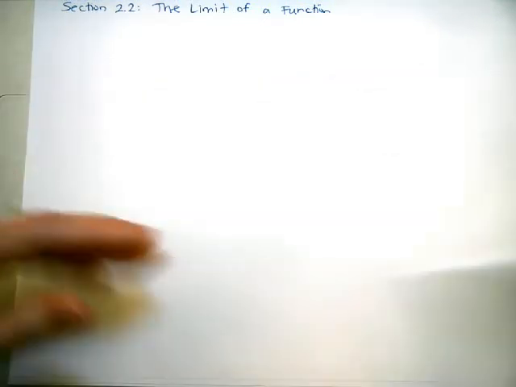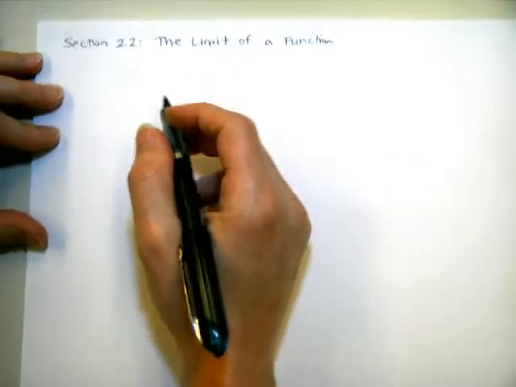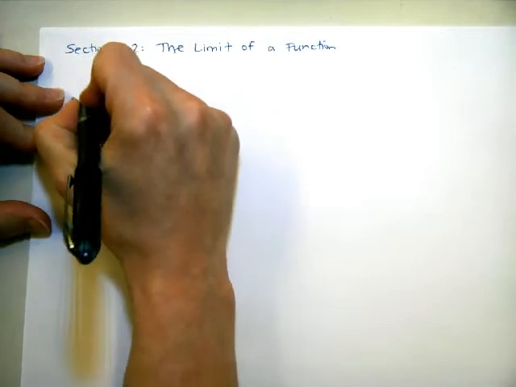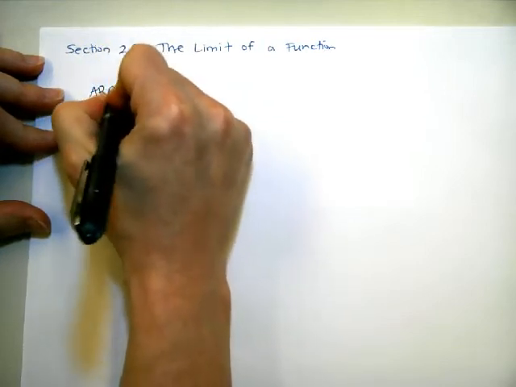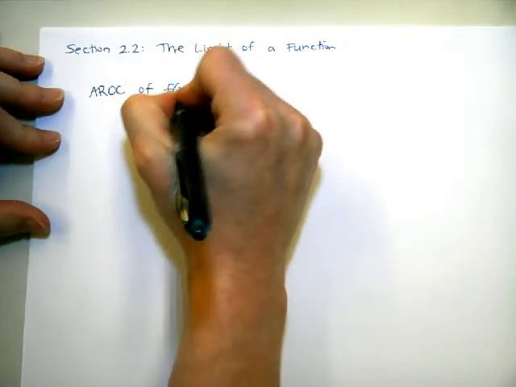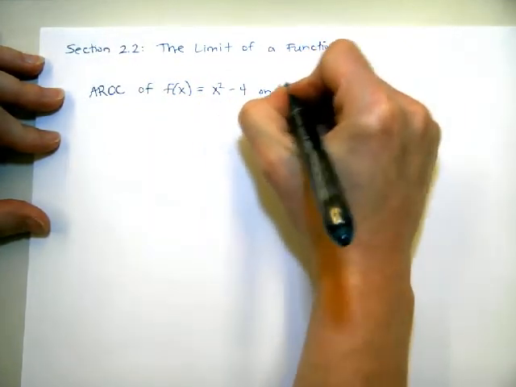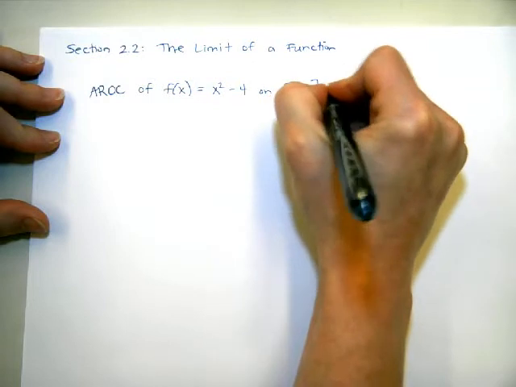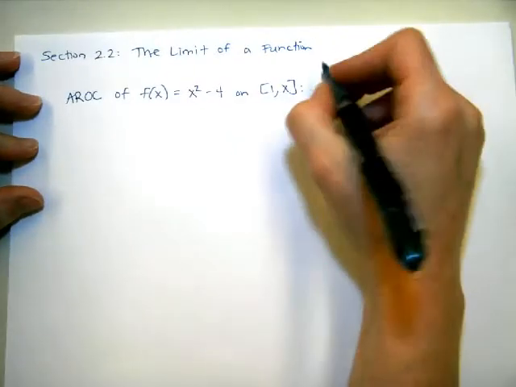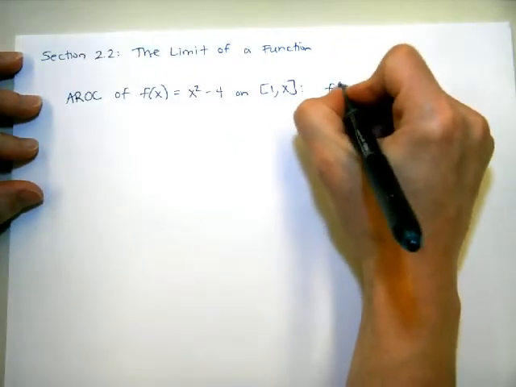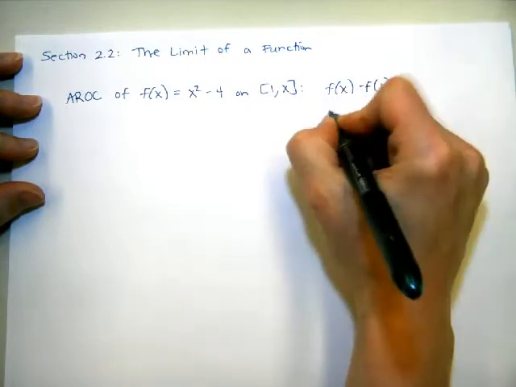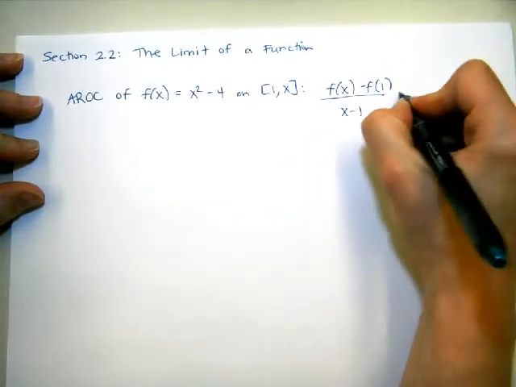Okay, so the idea here is that with the previous example that we did, we were looking at the average rate of change of the function x squared minus 4 on the interval from 1 to x. Okay, and I'm just going to run through it again real fast because I want to make sure we're all clear on where this comes from.